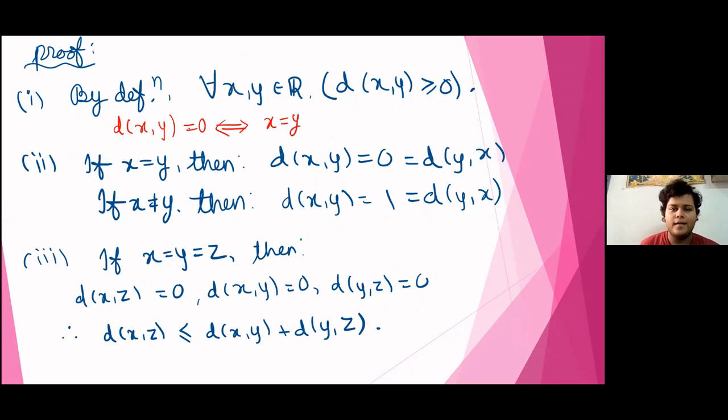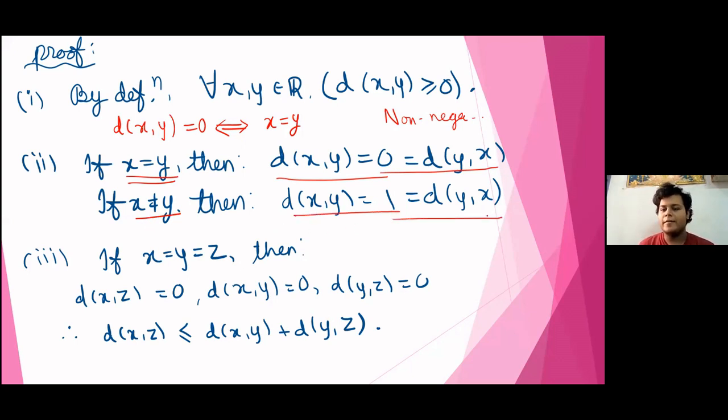And similarly, the opposite implication. So this is non-negativity. Then if x is equal to y, then y is equal to x, so distance between x and y will be 0, and the same will be the case for distance between y and x. If x is different from y, then y is different from x, so both distances will be 1. So symmetry is also satisfied.